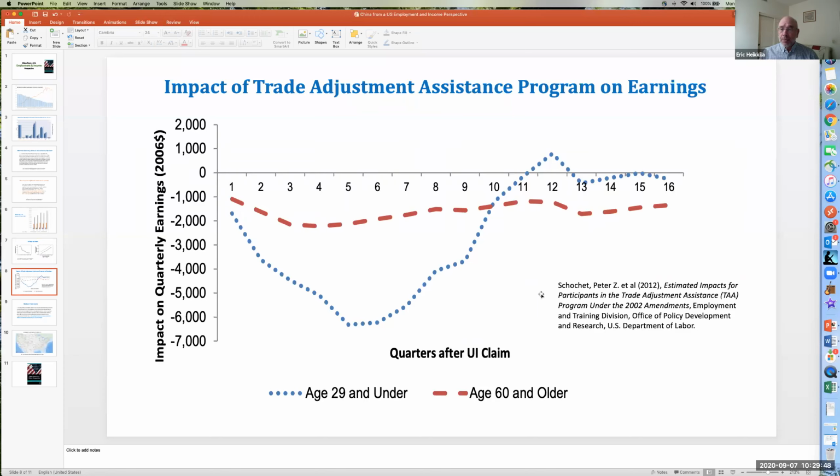So what to do about it? This very nice, careful study, exhaustive study really, of a program run by the US government called the Trade Adjustment Assistance Program is quite instructive.